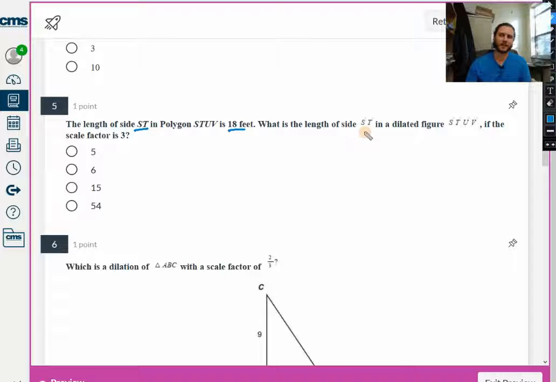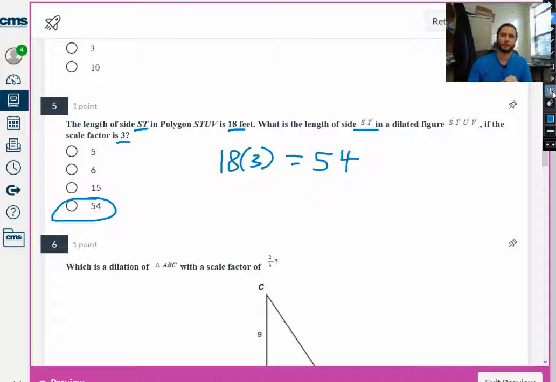It then tells us that the length, or excuse me, it's asking what the length of S prime and T prime in a dilated figure that had a scale factor of 3. Okay, well, it told us the original side, which was 18, and it told us the scale factor. All you have to do is multiply. You're doing 18 feet times the scale factor, which is 3, and that's going to give you the answer, which was 54. That's what we wanted for number 5.